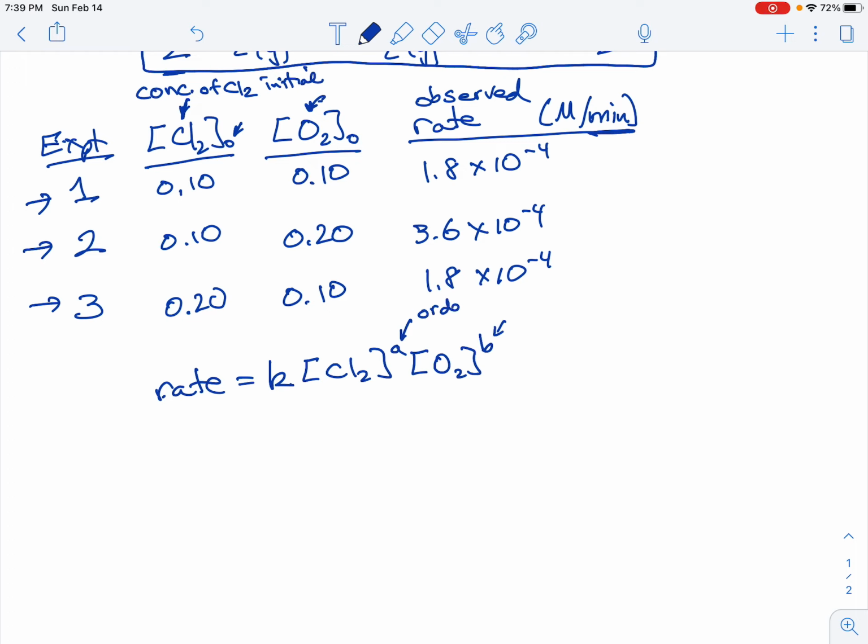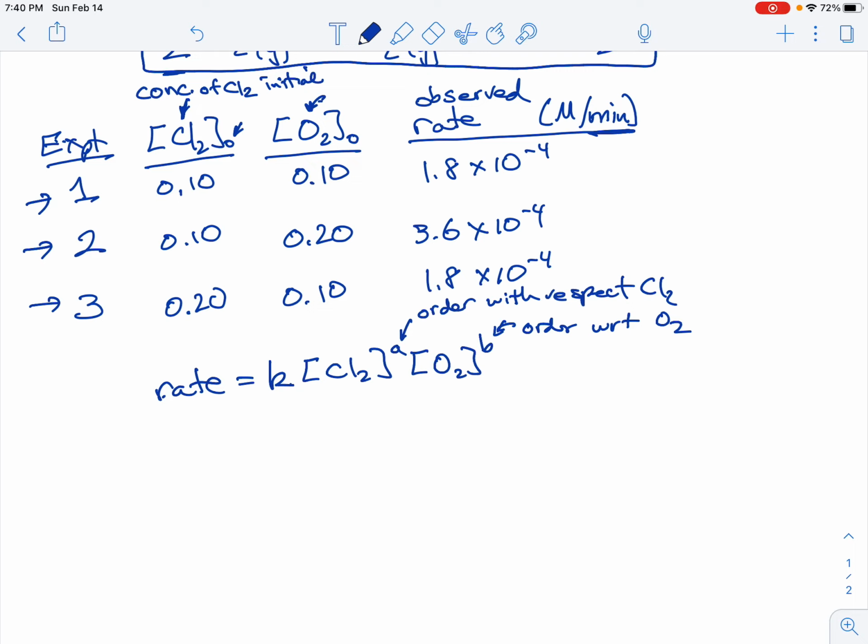A is the order with respect to Cl2, and B is the order with respect to O2. It's just the power that we find when we do the math that we're about to do.